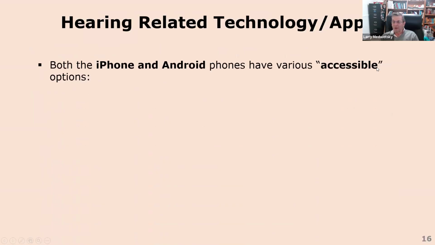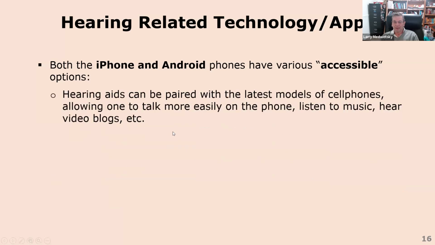Now, both the iPhone and the Android phones, and I'll show you a couple of photos of it, have what are called accessibility options. First, for the latest hearing aids with the latest model of cell phone, you can pair a hearing aid directly to a cell phone. So I can talk on the cell phone now.